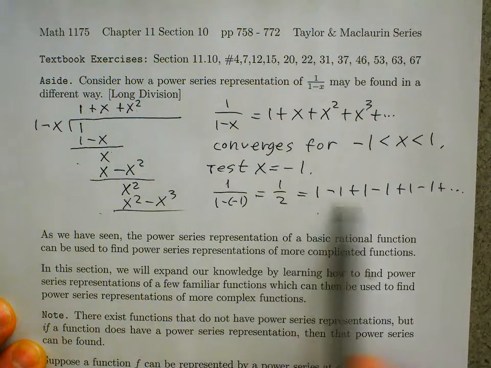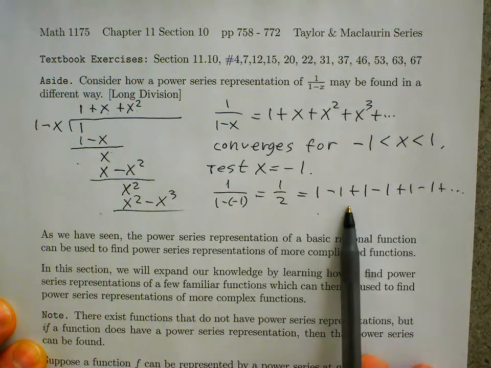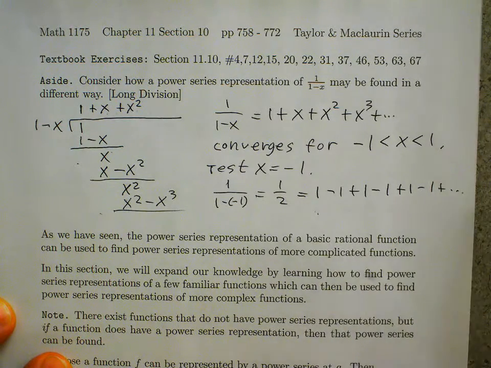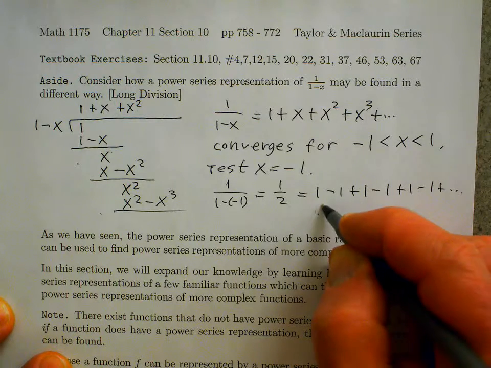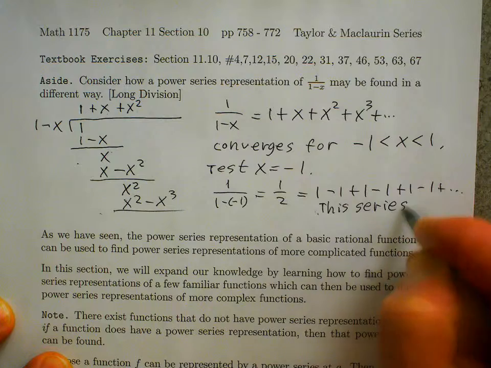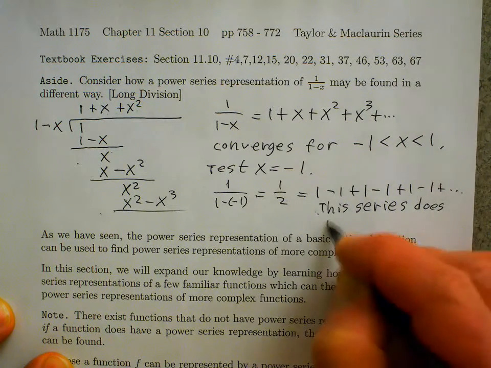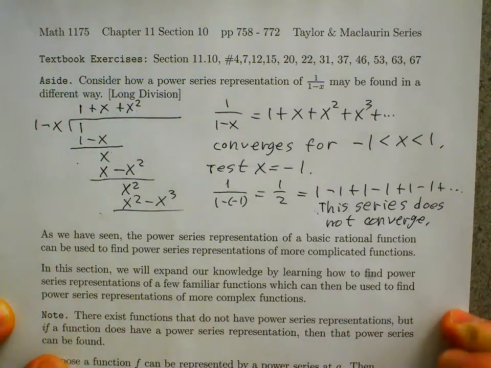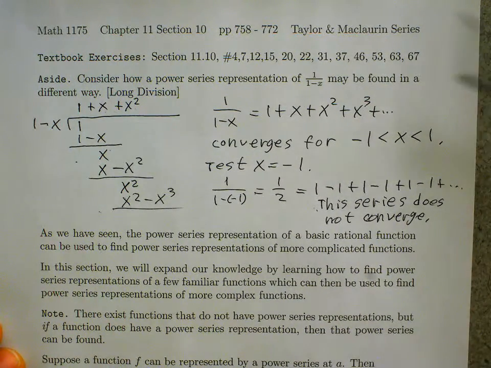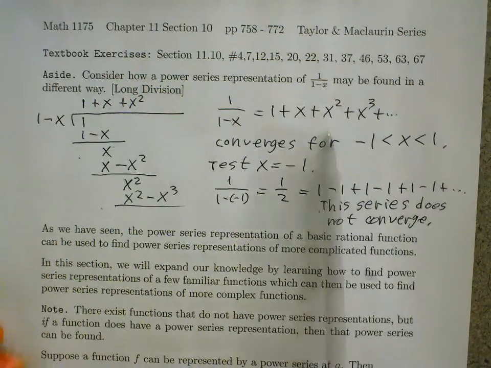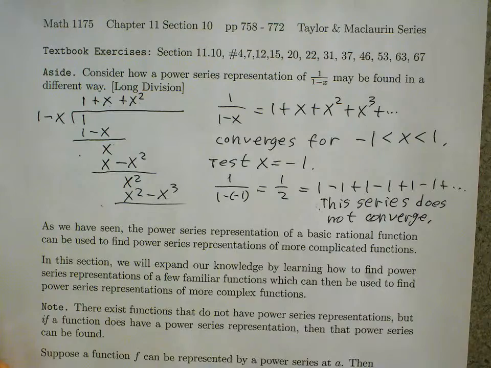So this series clearly does not converge, which means that it diverges. Right? It just goes between 1 and 0, 1 and 0, and so on. So this series does not converge. Or you can say that it diverges.